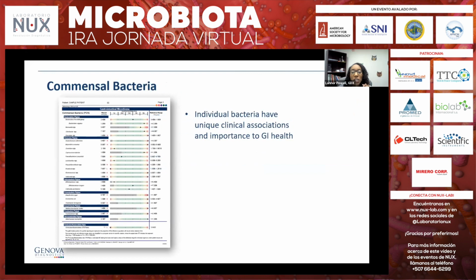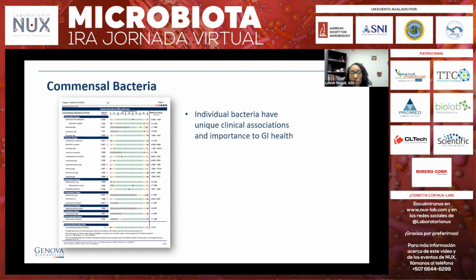On the next page, we're looking at the commensal bacteria, or the individual bacteria that helped us to understand the dysbiosis, the imbalance, the abundance markers that we saw on the front page of the report. Here, they're each listed out. Now, remember, I mentioned on the earlier slides that with commensal bacteria, it's kind of difficult sometimes because we don't really know a lot about these individual bacteria and what exactly to do.